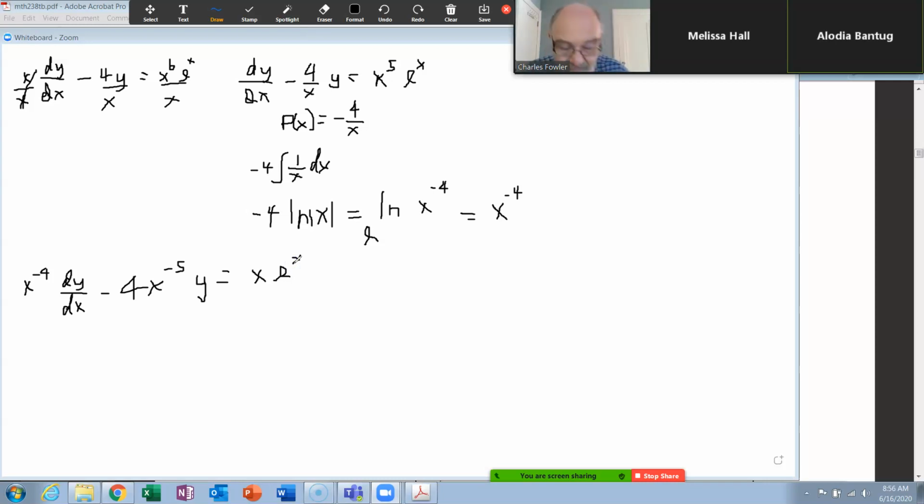Now, the whole purpose of doing this p of x, integral of p of x, taking an exponential of the integral of p of x, all that was to get this integrating factor, and supposedly, if everything was set up, you had it in standard form, and you did all this, that guarantees that the left-hand side of this equation, this is why we put everything over here like that, is or should be a perfect derivative.